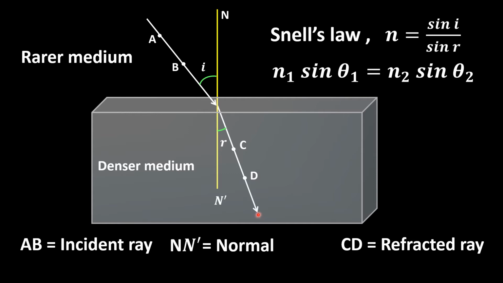If you reverse the direction, it will retrace its path. That means when a ray of light travels from a denser medium into a rarer medium, it will bend away from the normal. Why? Because a ray of light always retraces its path. See here, if you send the ray of light like this, it will go like this.